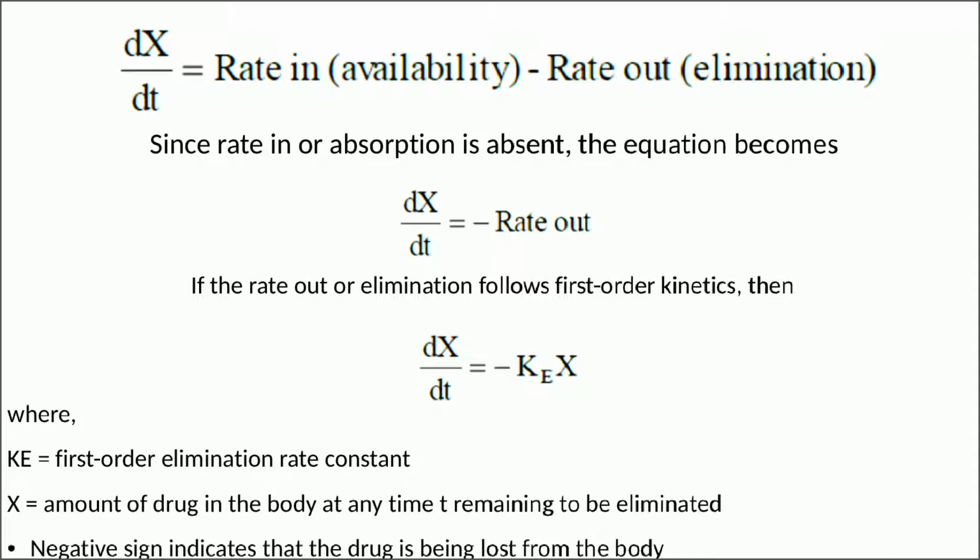If the rate out or elimination follows first order kinetics, then dX by dt is equal to minus Ke X. So Ke is the first order elimination rate constant, and X is the amount of drug in the body at any time remaining to be eliminated. This negative sign indicates that the drug is being lost from the body.